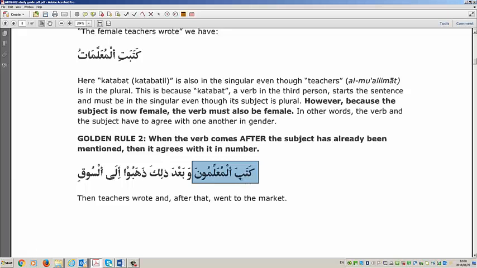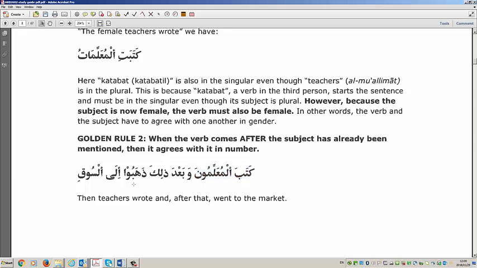Now, going to golden rule 1, we find that al-mu'allimun is plural, the teachers, but golden rule 1 says that when the verb comes before the subject of the sentence, then it must be singular. And so that's why we say kataba al-mu'allimun. We can't say katabu al-mu'allimun. It must be singular, so it's kataba al-mu'allimun. The teachers wrote.